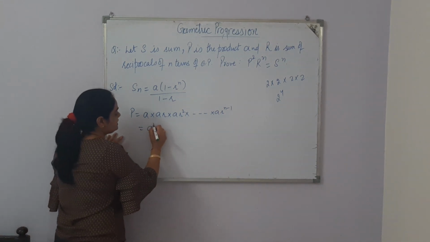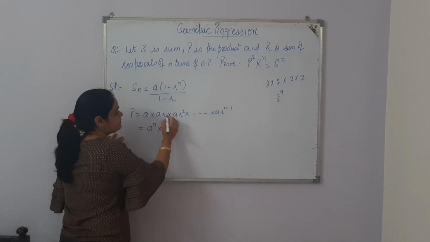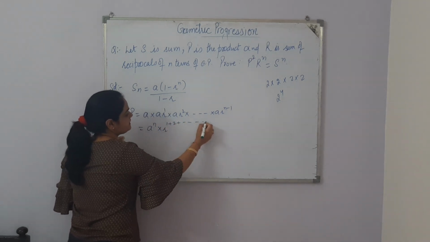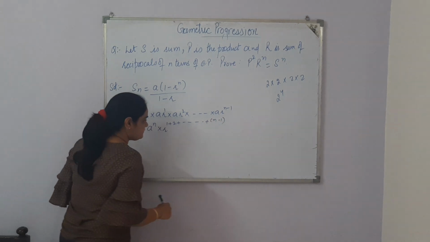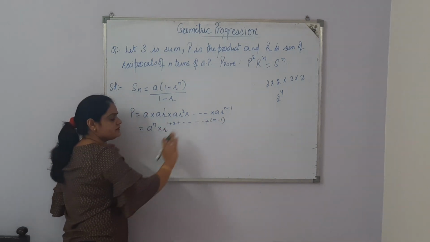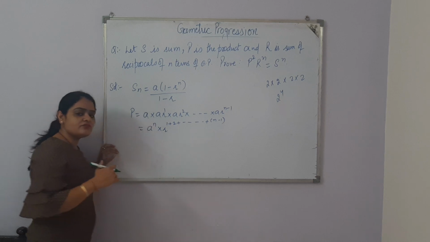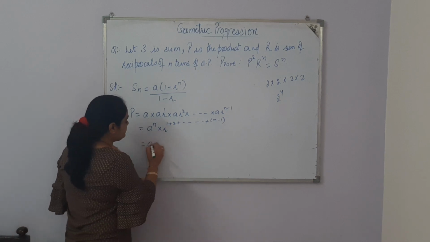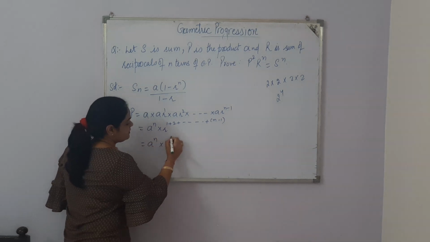So it is a raised to the power n, and for r the bases are the same. We can add the powers because there is a multiplication symbol in between. So 1 plus 2 plus 3 and so on up to n minus 1, which is the sum of the first n minus 1 natural numbers. Its formula is n minus 1 into n by 2.